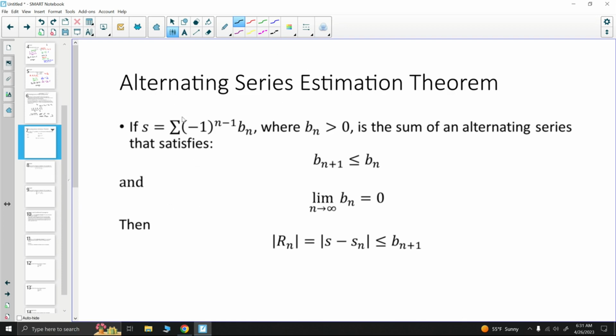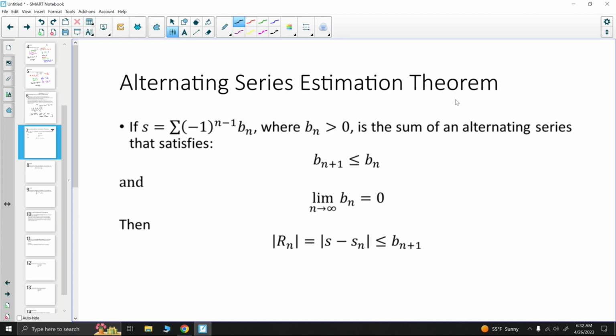So again, if this passes the alternating series test, then R sub n, the absolute value of our remainder, is equal to the absolute value of our infinite sum minus our partial sum, which is less than or equal to b sub n plus 1, our first neglected term. That's what we have here in our alternating series.